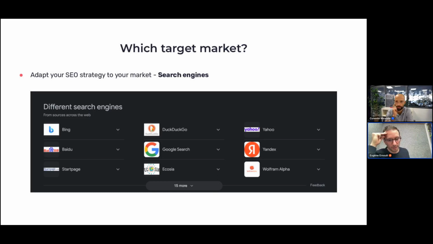It feels natural and logical today to focus on Google search, but don't hesitate, maybe especially in 2024 with a lot of new things coming in SEO and in search, to re-challenge that and to know where your possible leads in new countries are looking for a solution like yours.